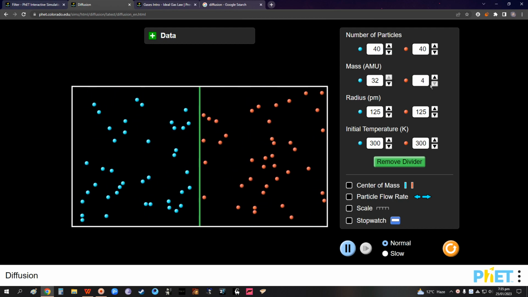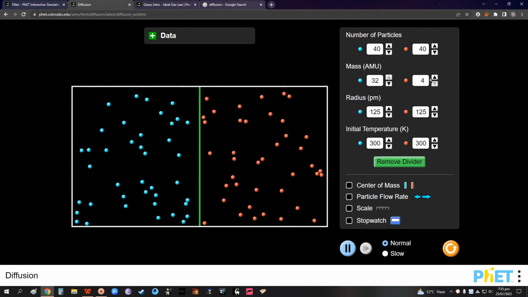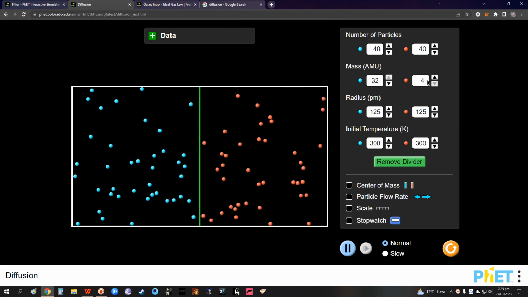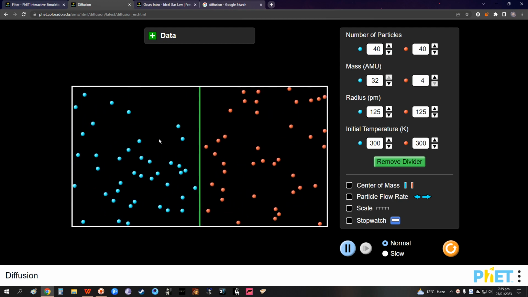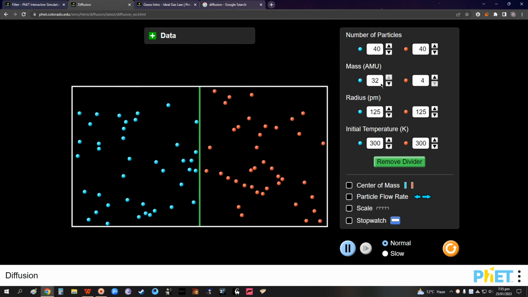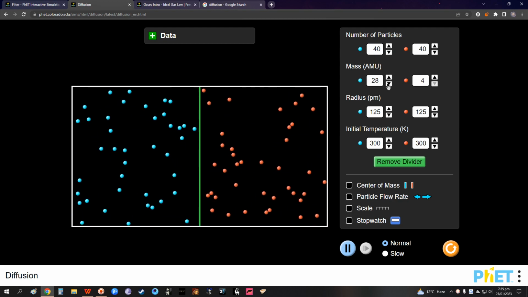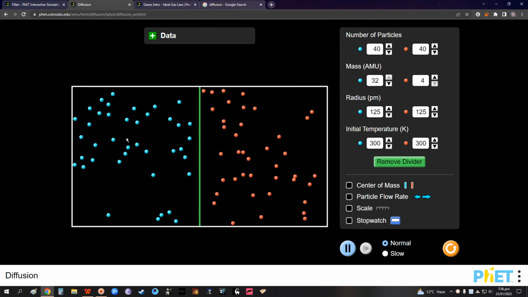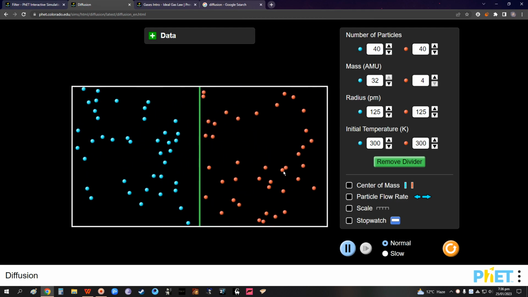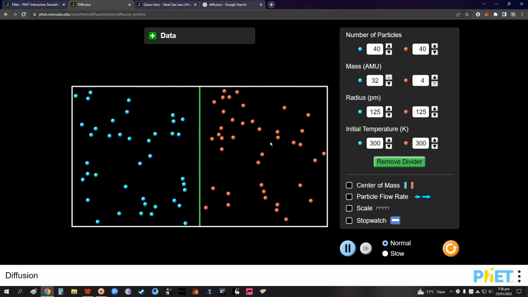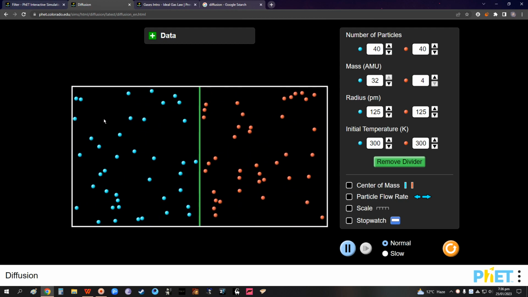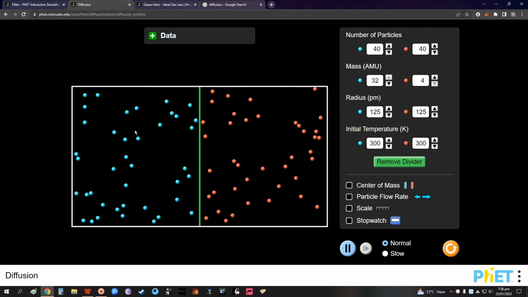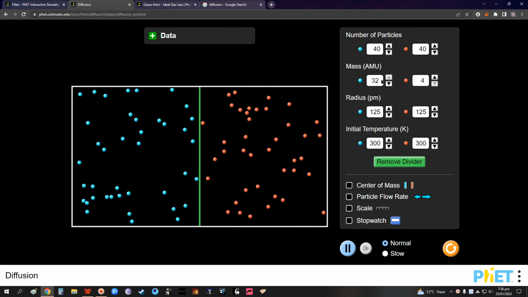And since it's 4 AMU, we can say this is helium, right? Over here, since we have 32, let's bring it down to 32. Let's call it oxygen molecules, right? These are helium atoms, since atoms are supposed to be single, and let's call these blue ones molecules, which are oxygen at 32 AMU.